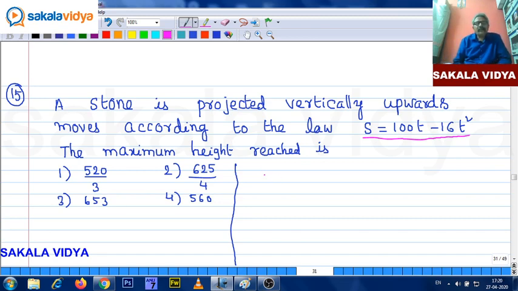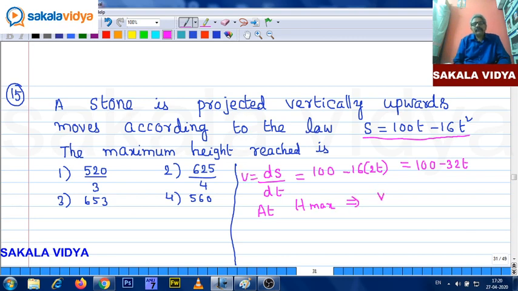Okay. So, now first let us find out ds by dt. ds by dt is equal to 100 minus 16 into 2t, that is 100 minus 32t. At h maximum, this is v, the velocity becomes 0. That means 100 minus 32t equal to 0.